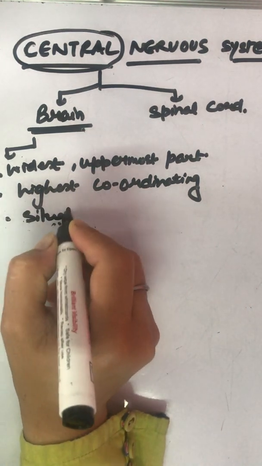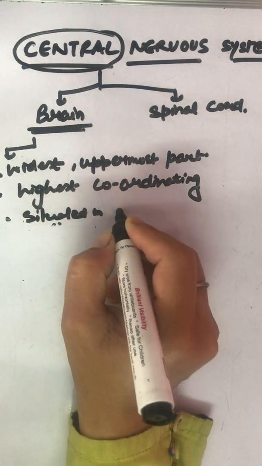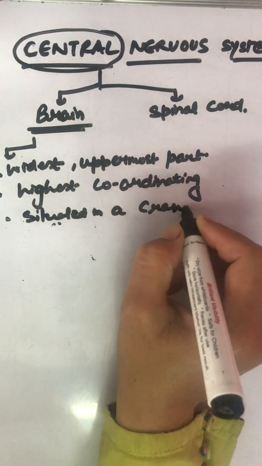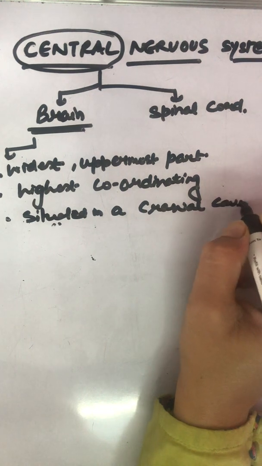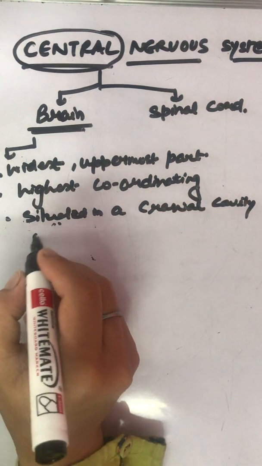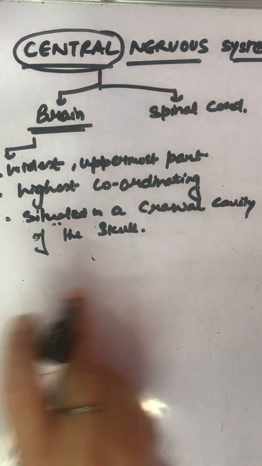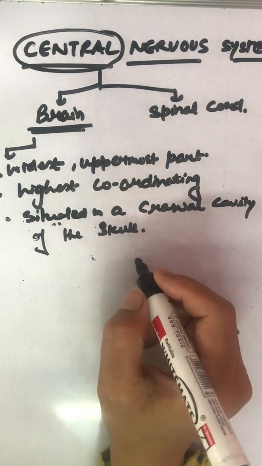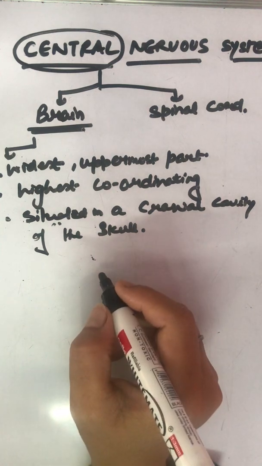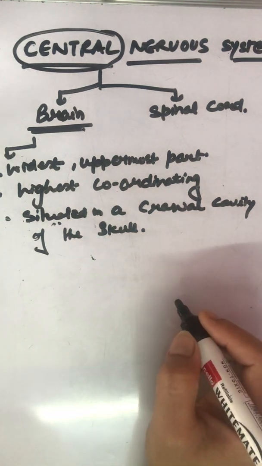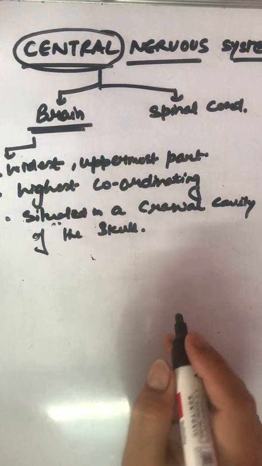Situated in the cranial cavity of the skull, in the head region. Okay, now coming to this entire structure, how does the diagram of a human brain look like?